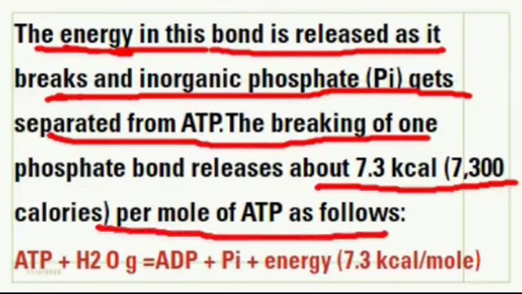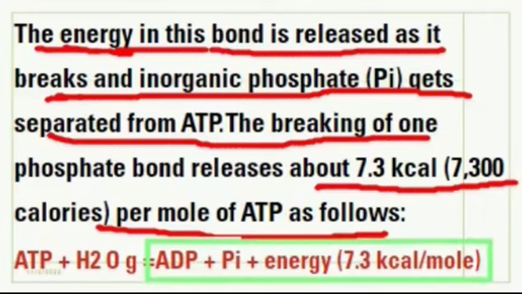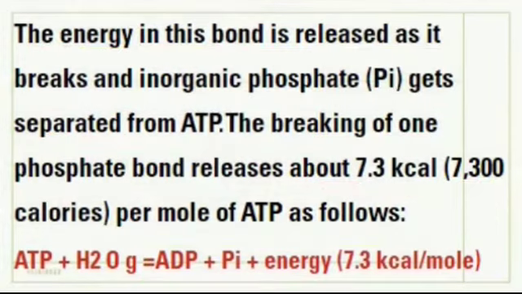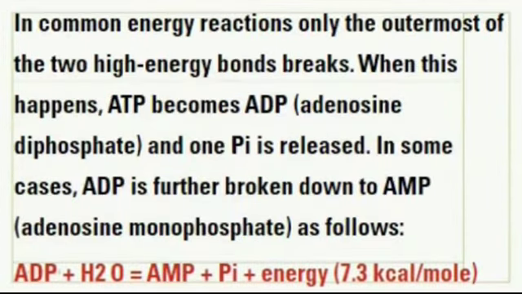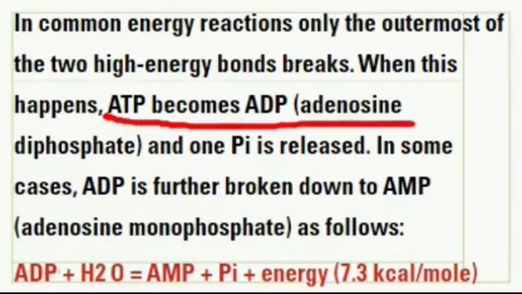When ATP reacts in the aqueous medium or with water, it converts into ADP with removal of one inorganic phosphate and energy is released as 7.3 kilocalories per mole. You can simply say that when one tilde bond breaks or one phosphate group is separated from ATP, it is converted into ADP. ADP because adenosine diphosphate.